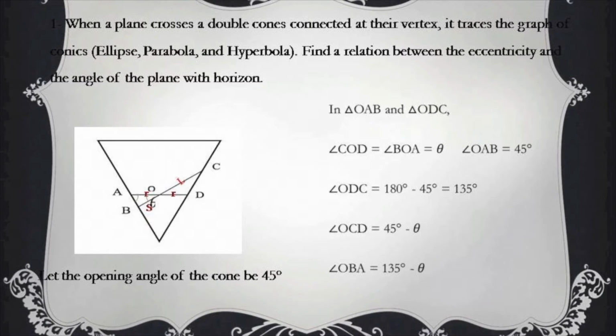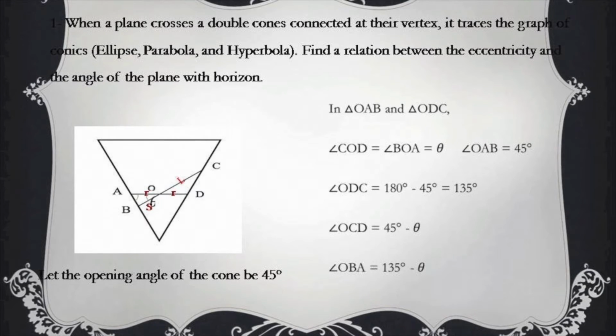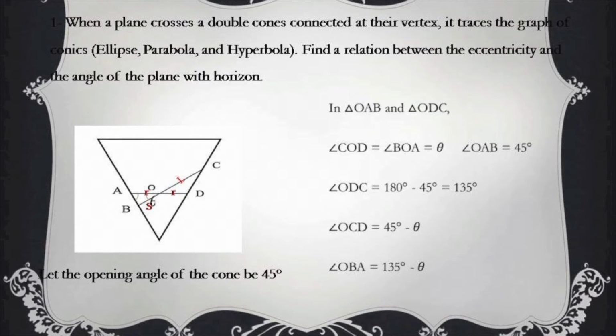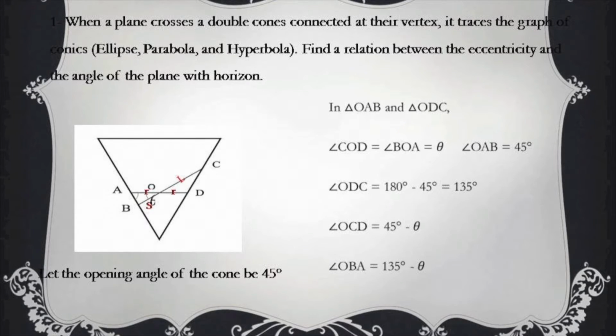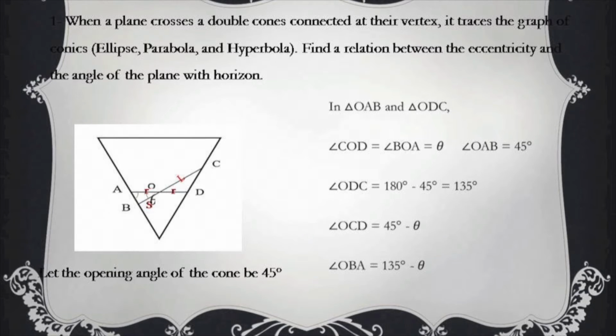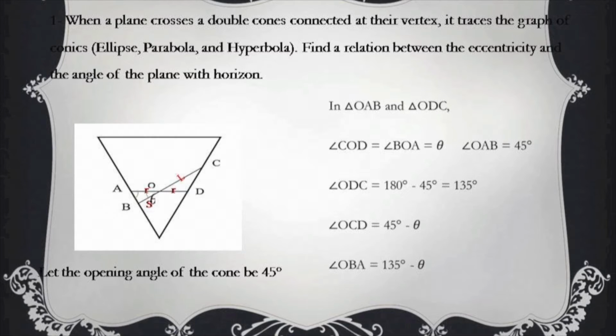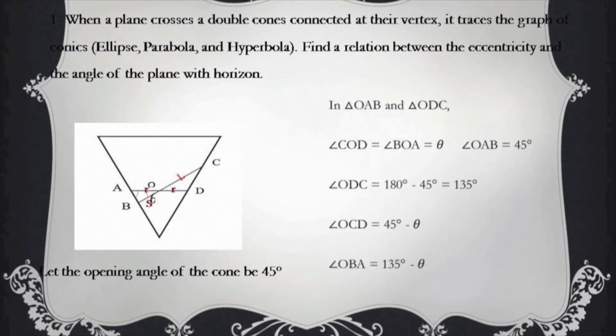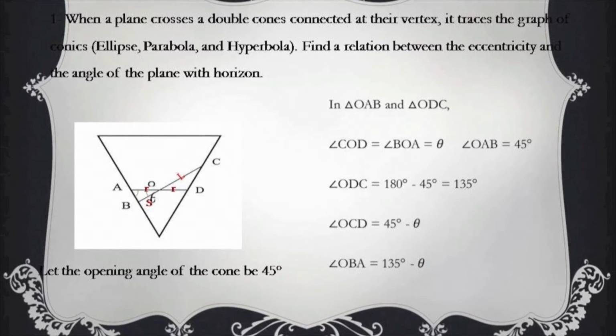And then we let angle OAB equal 45 degrees. And then angle ODC equals 180 degrees minus 45 degrees, which is 135 degrees. And then angle OCD equals 45 degrees minus theta. And angle OBA equals 135 degrees minus theta.